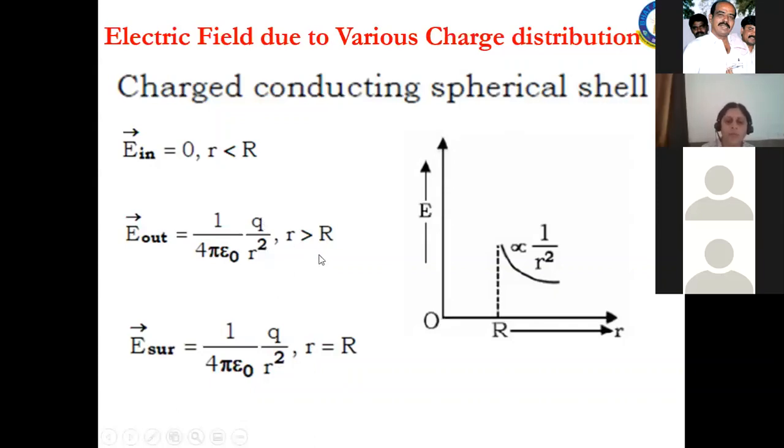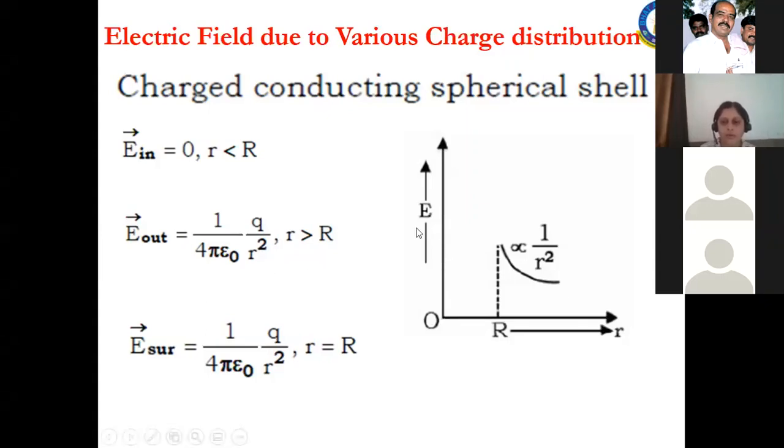For any values r greater than R, the charge behaves as if the entire charge is concentrated at the center. So the field is due to the charge at a point. This formula is the same as the electric field due to a point charge, right?